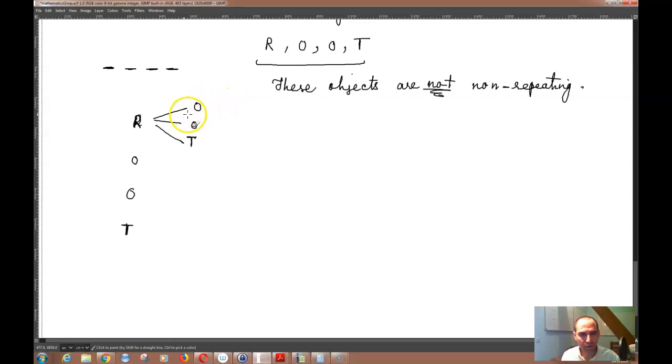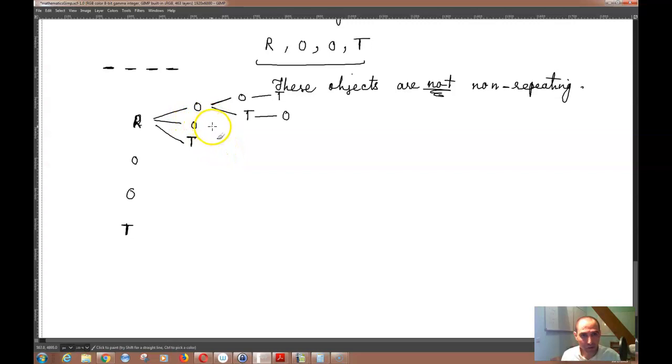Let's say you've chosen an R and an O, and then you could choose an O again, or a T here, and over here you could choose a T or an O. And then again the same thing happens.